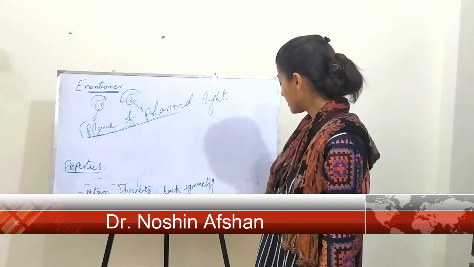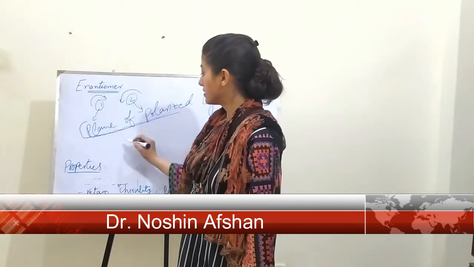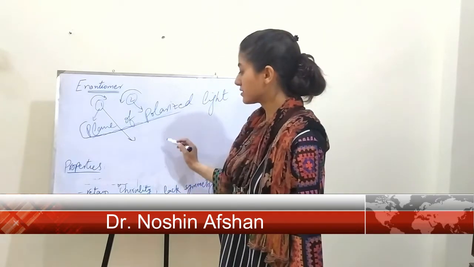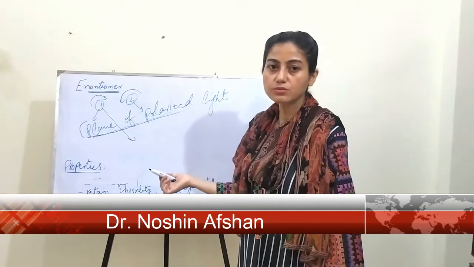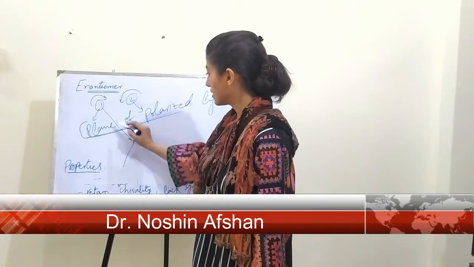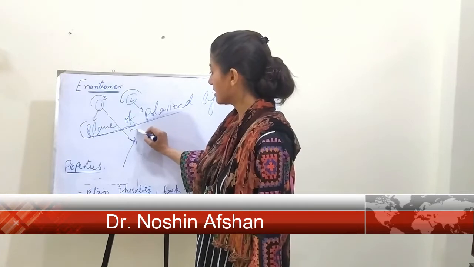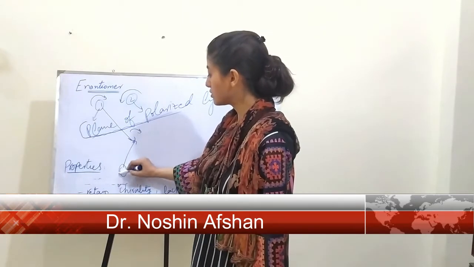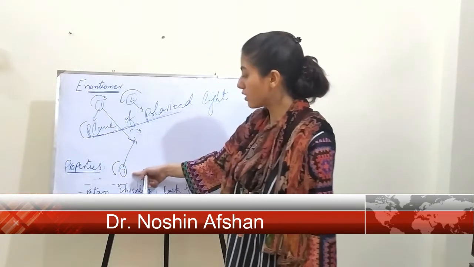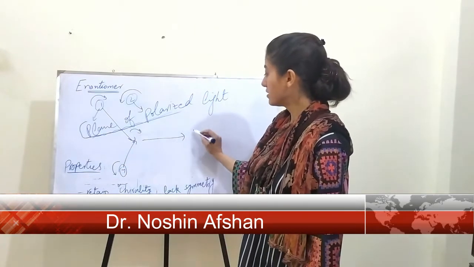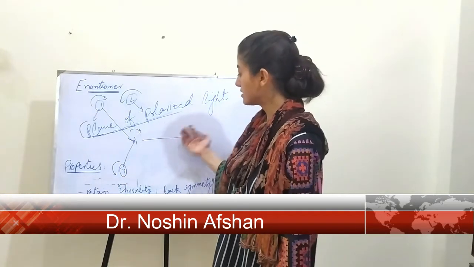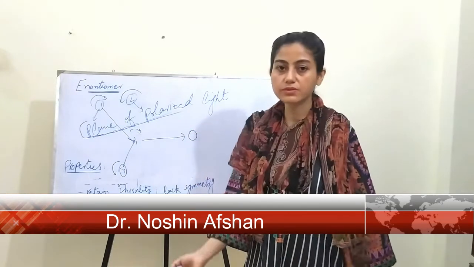And then with other chiral compounds, for example, this enantiomer interacts with the optical isomer of any other compound, and if this rotates in a clockwise direction and the other optical isomer would rotate the plane of polarized light in an anti-clockwise direction, what would be their net effect? Clockwise, anti-clockwise, so the net effect would be 0.